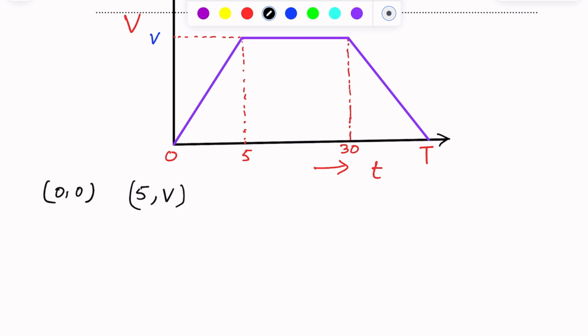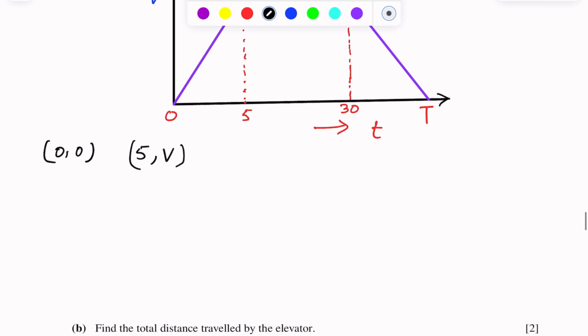So the gradient gives us the acceleration. Acceleration will be gradient, y2 minus y1 over x2 minus x1, which is v minus 0 over 5 minus 0. So we get acceleration v over 5 is equal to 0.4, as the acceleration is given.